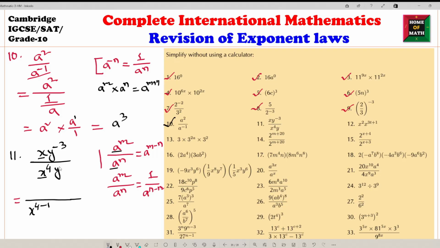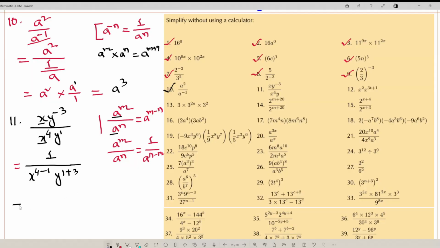Similarly, we can write here y, and this y has base 1, so this minus 1, this minus 3, it means 1, and this minus 3 will become plus 3, because minus and minus make plus, and numerator 1. So in this case the answer is 1 divided by x cube y to the power 4. Okay, the answer is okay.